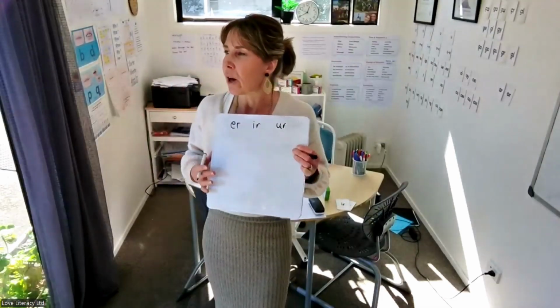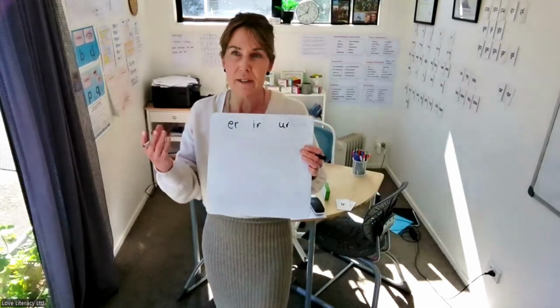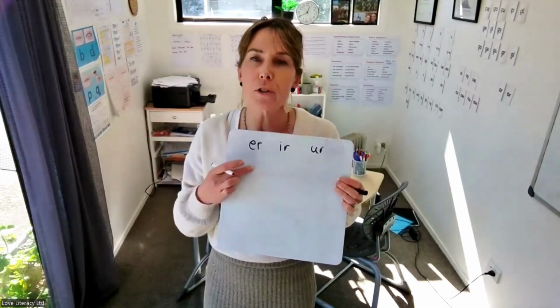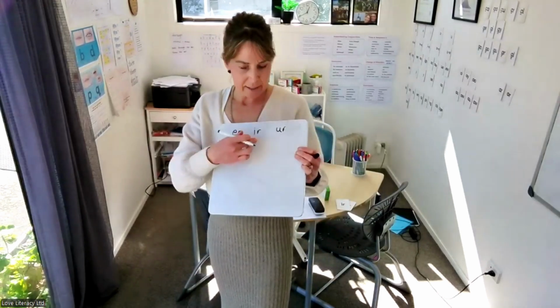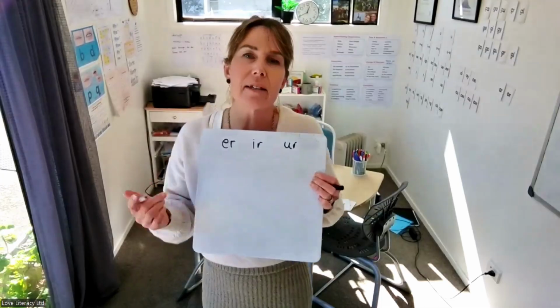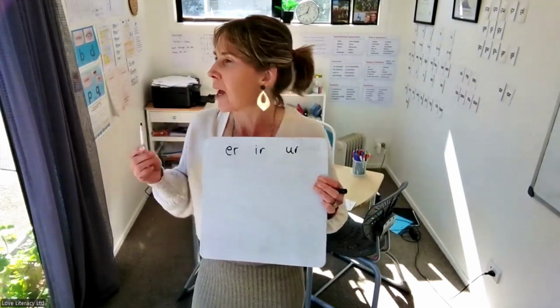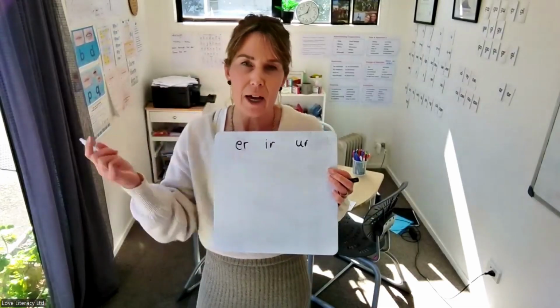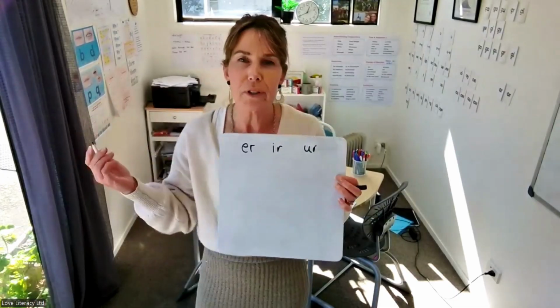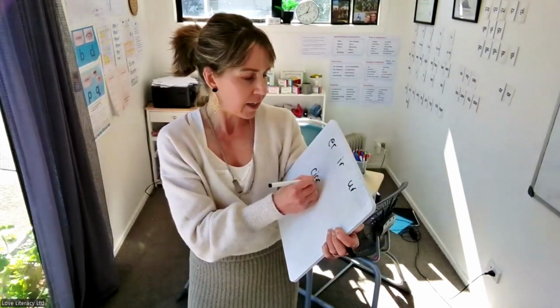So with these ones, I like to make sure that I'm removing the guessing element. That's really important for me, but I also do like to tell them that this is by far the most common, the ER, and then the IR, and then the UR. I've seen it around where we refer to the IR as circle words, and I'll just write that word here.